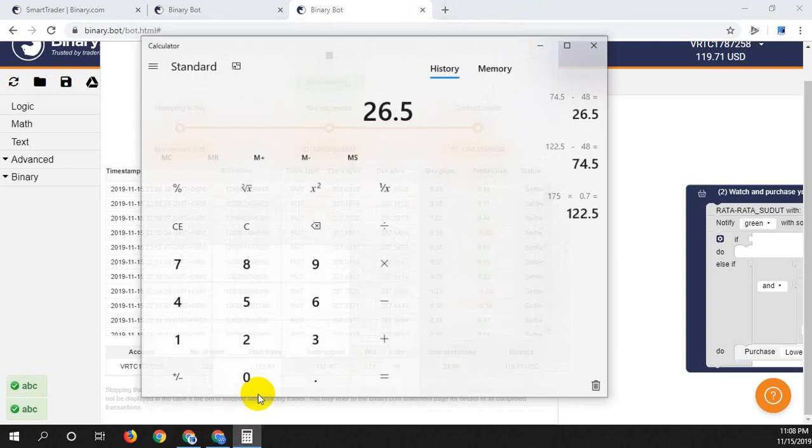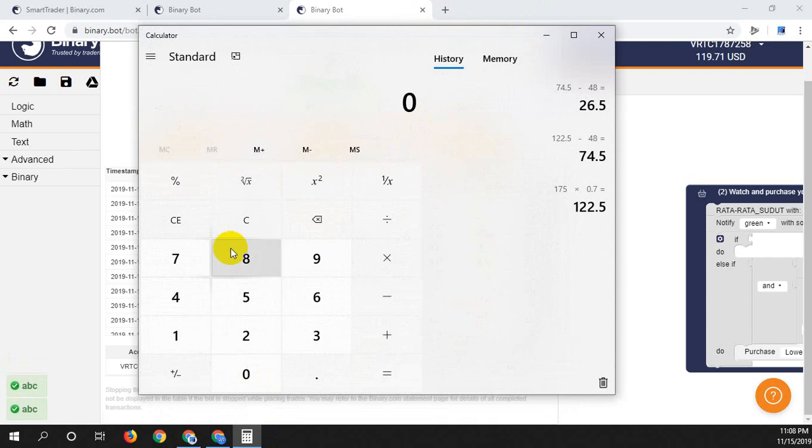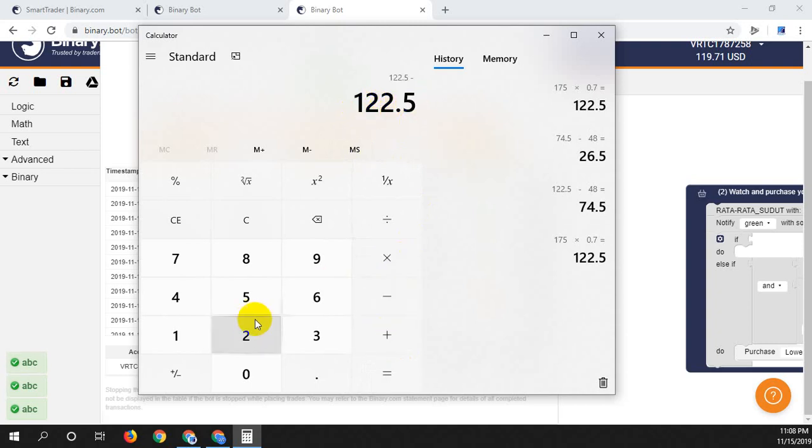Because you can calculate again, 175 multiplied by the 170 payout for every trade for stake 2, you will get 122.5, minus you lose 48 multiplied by 2, because we calculate the win for stake 2.